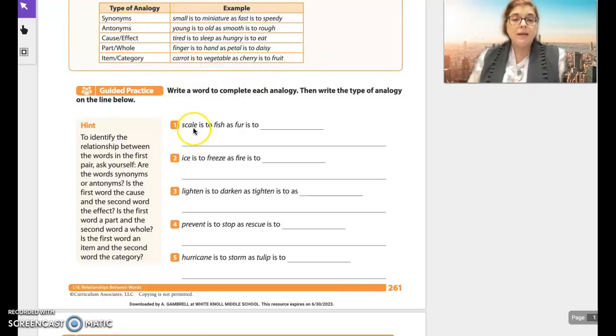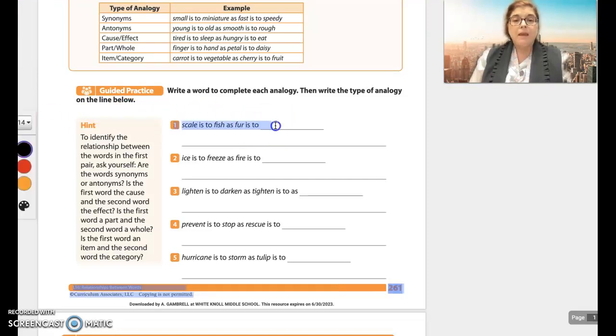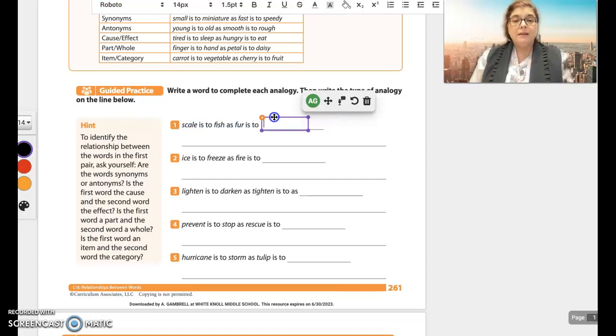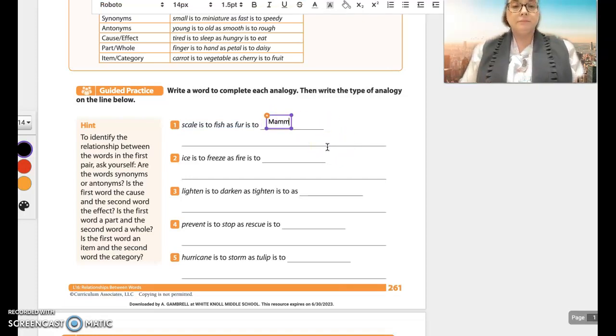Okay. Now, scale is to fish as fur is to what? Think about it. What is a scale to a fish? And fur is to what? I'm going to say mammal, right?